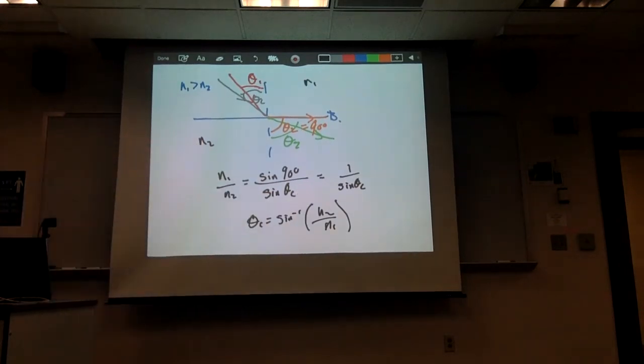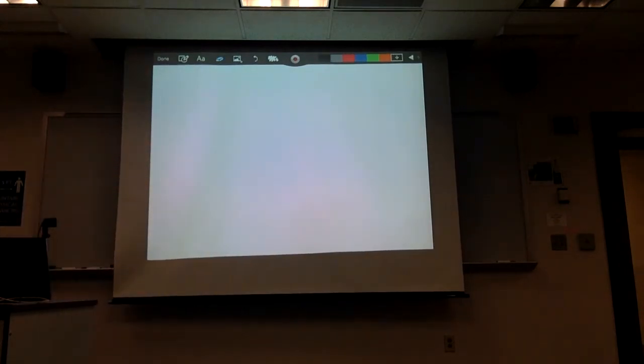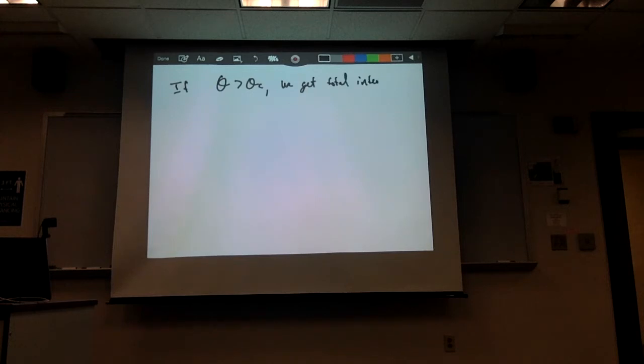So let's write that down. This says that if theta is greater than theta critical, in this case we get total internal reflection.